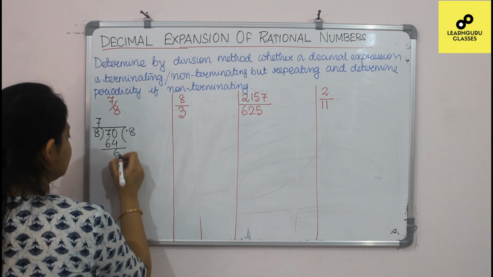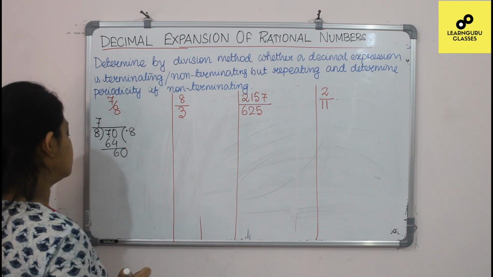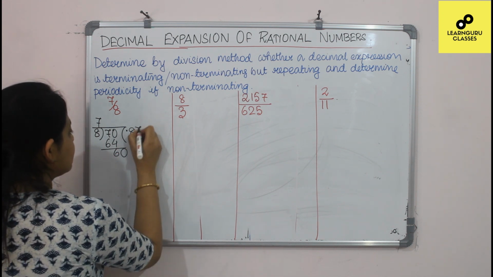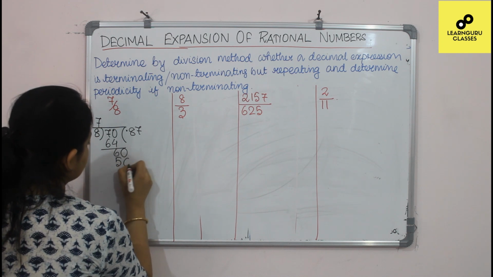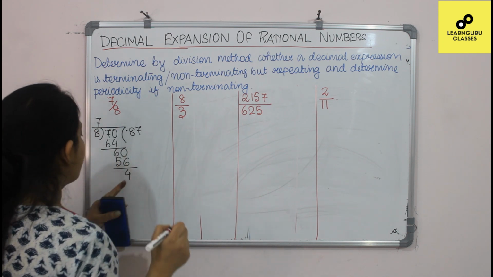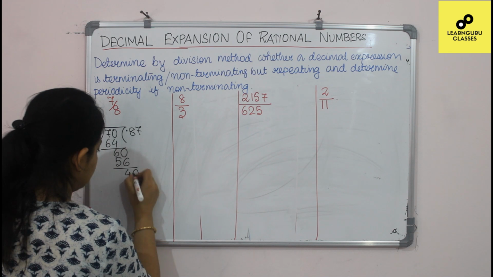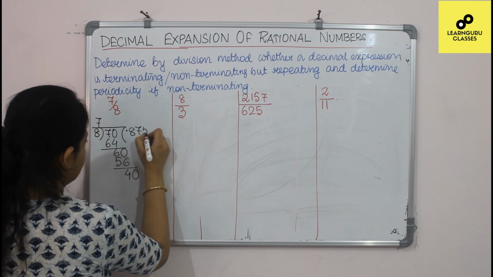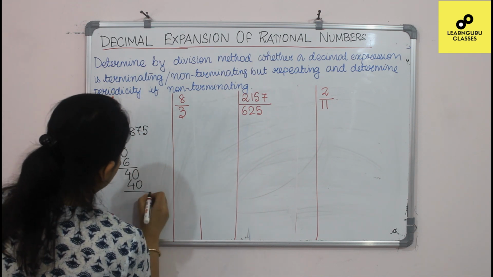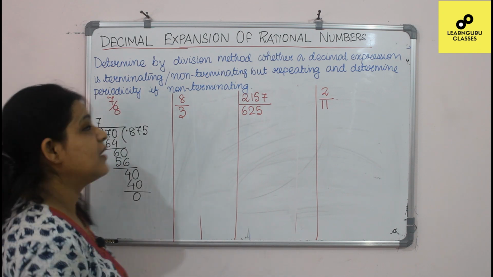Again 6 is less than 8, so you put a 0. 8 sevens are 56, so you get remainder 4. 4 is again less than 8, so 0. 8 fives are 40, so ultimately you get the remainder 0.